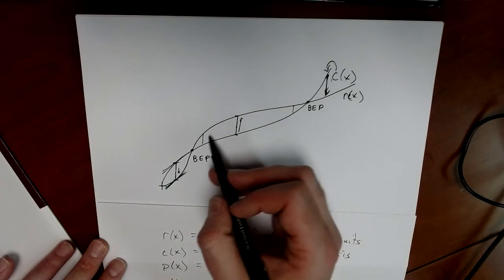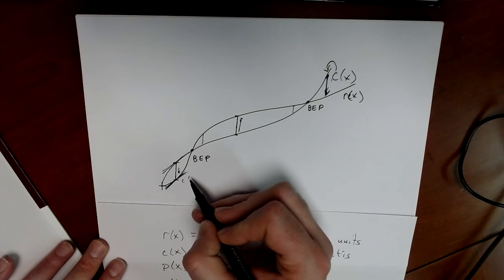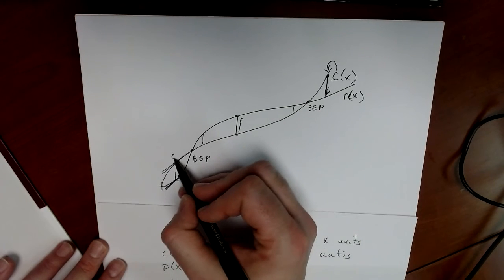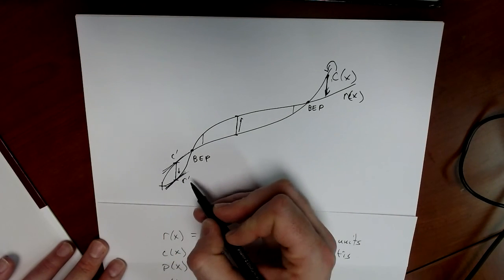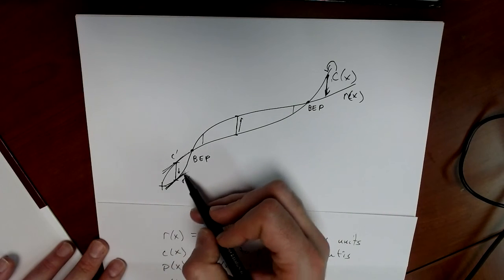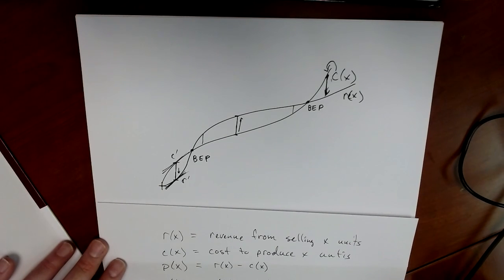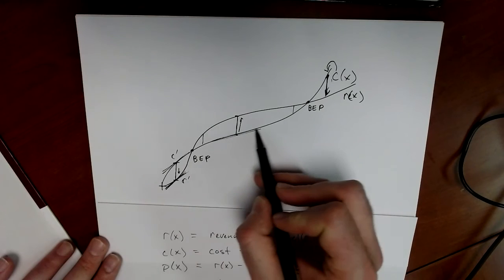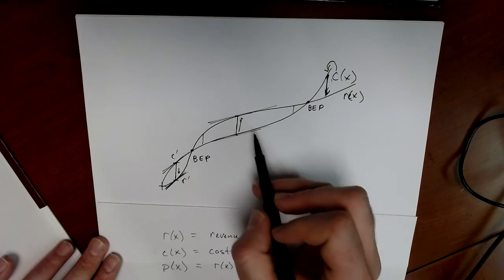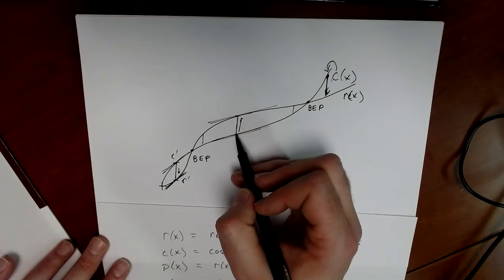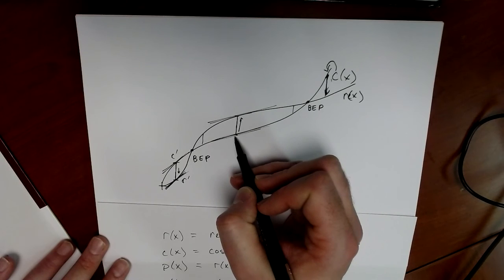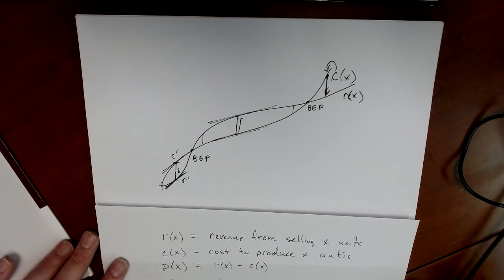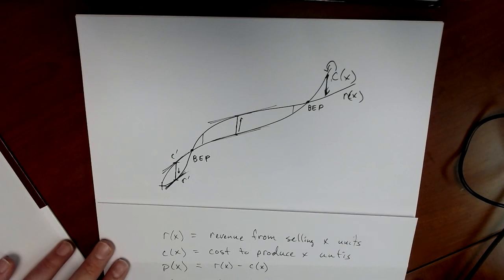So at each of these points, though, you have a critical point in your associated function, and you see that in this case, C prime, I did those backwards, that one's C prime, there's C prime, and there's R prime. You'll see that, roughly speaking, they're the same there because I did a decent job of graphing it. And similarly, if we graph the tangent line where you have maximum profit, then the slopes of those tangent lines will be equal.